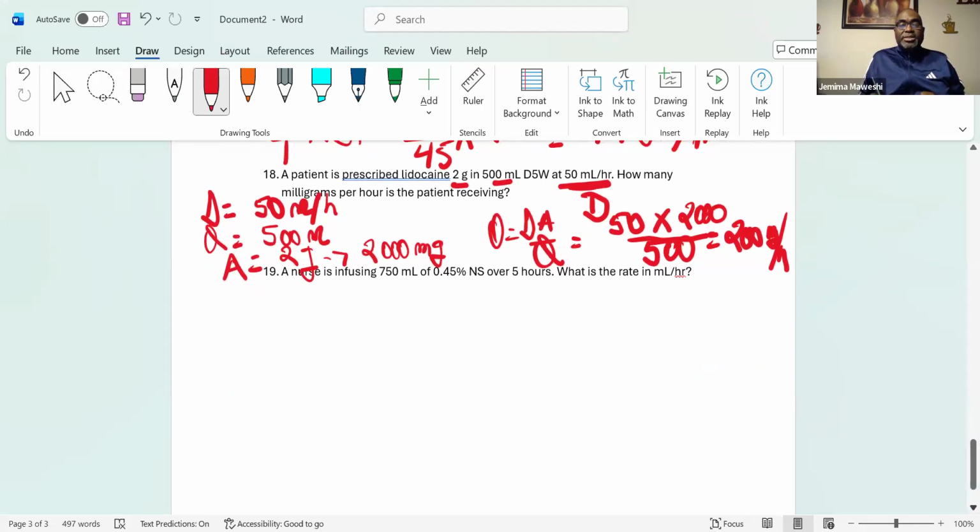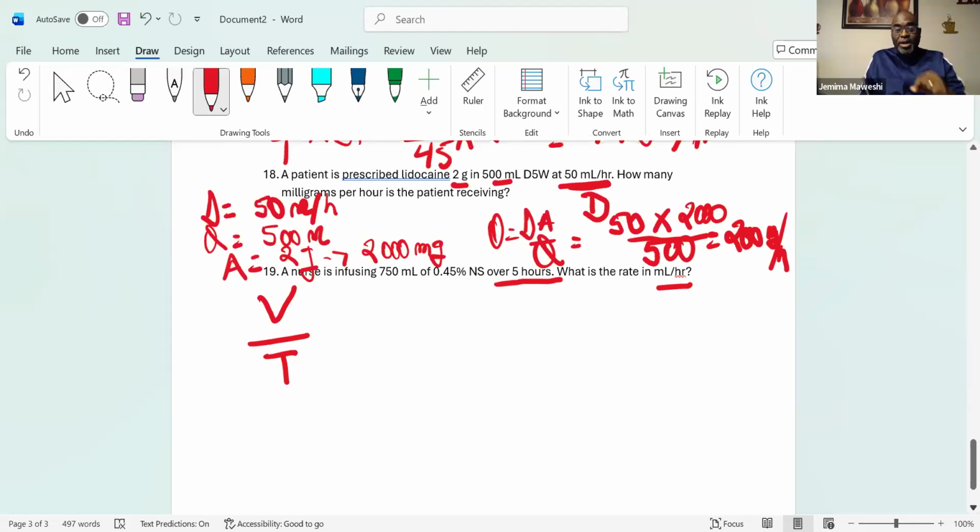We are pretty much at the last question, question 19. A nurse is infusing 750 milliliter over 5 hours. You see, here we are looking at milliliter. What is the rate in milliliter per hour? So, volume over time. But Mr. Z, how do I get volume over time? I told you already. The word over right there, and the time is given in 5 hours.